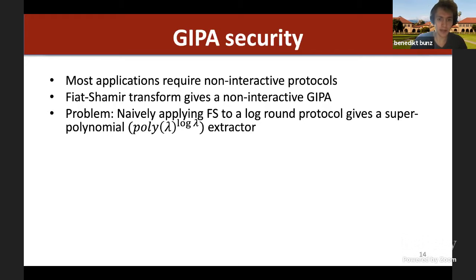The one problem with that is that if we naively apply the Fiat-Shamir transform to a logarithmic round protocol like GIPA, this gives us a super polynomial extractor. So the extractor runs in time poly(lambda) to the log lambda.